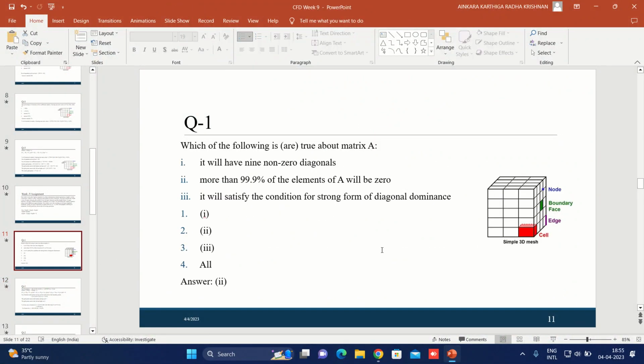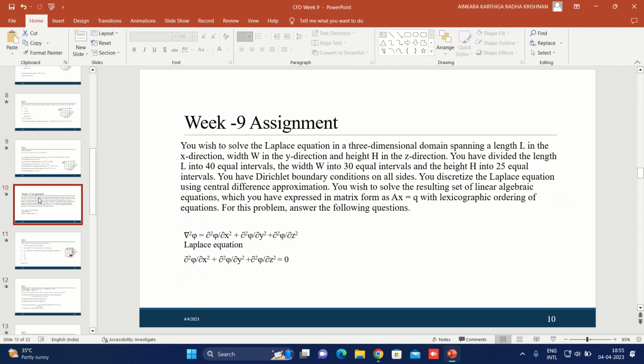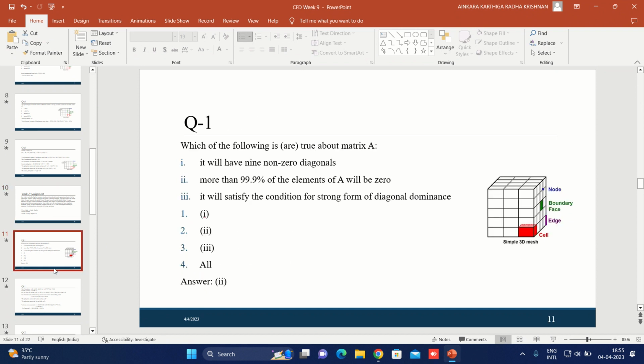For example, if we take the point immediately next to the boundary, if it is next to the bottom wall, how can we say it, it should actually be H, right?